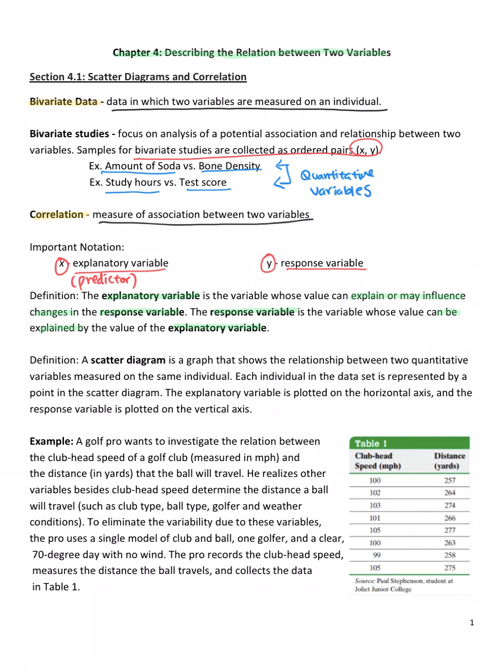So for example, your study hours might be able to explain how well you do on the test. So we might use study hours to predict a student's test score. So in this case, we call test score the response variable, and study hours the explanatory variable.